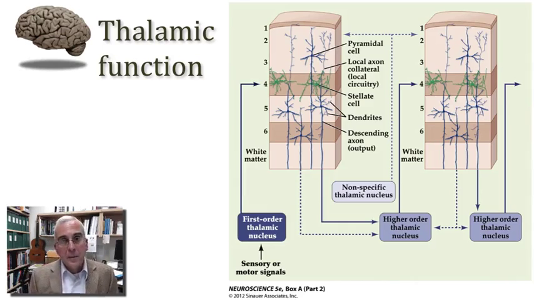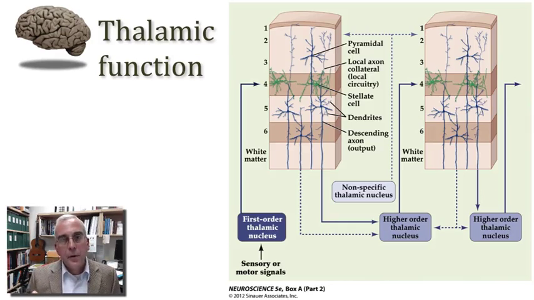The same principles are seen in the organization of the pathways for vision, for audition, and for our sense of equilibrium, our vestibular sense. Each of these senses have relays through specific nuclei of the thalamus.